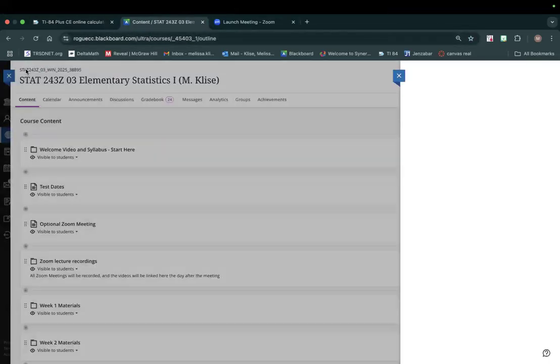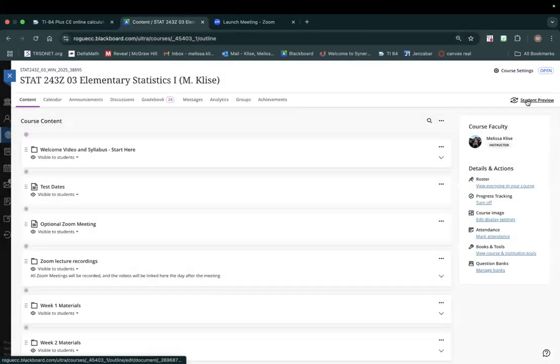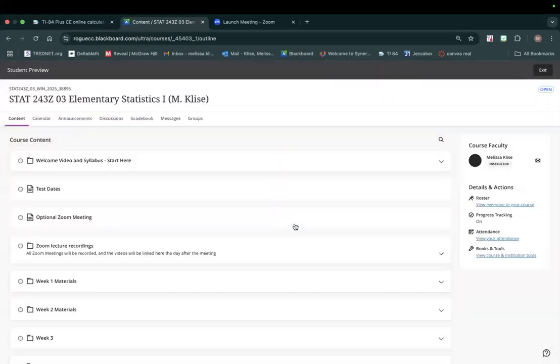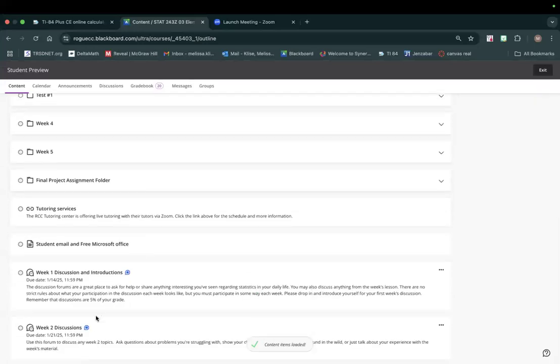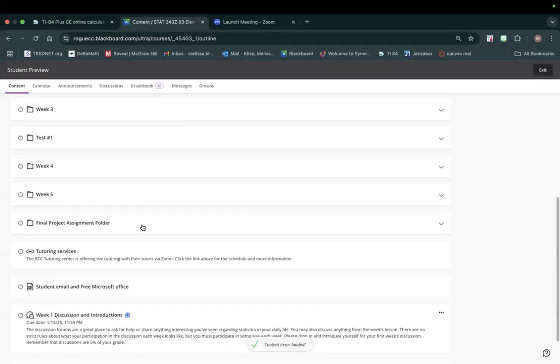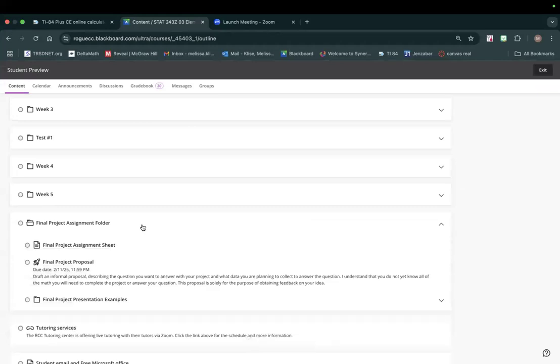I'm going to go into student view because my view is crazy. If you go into the final project folder, all of the final project assignments are in here.